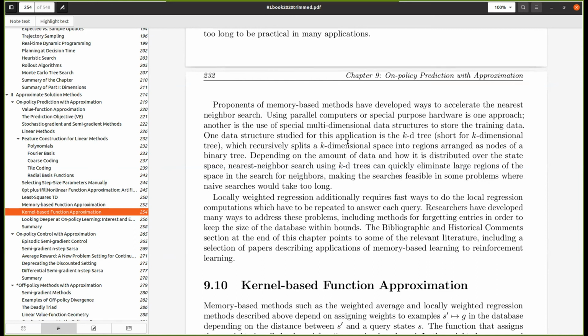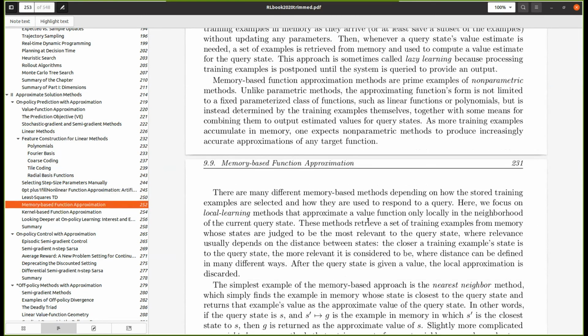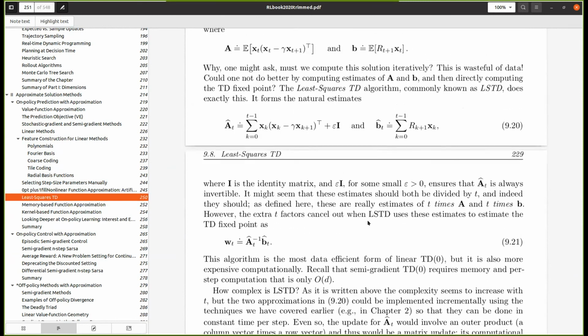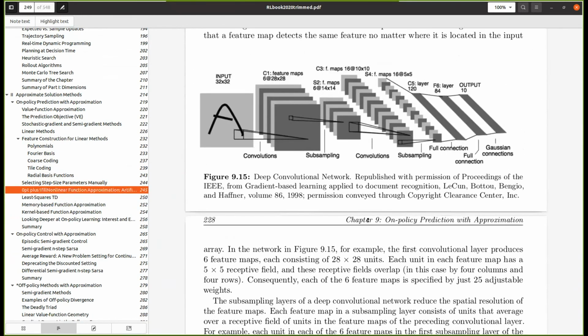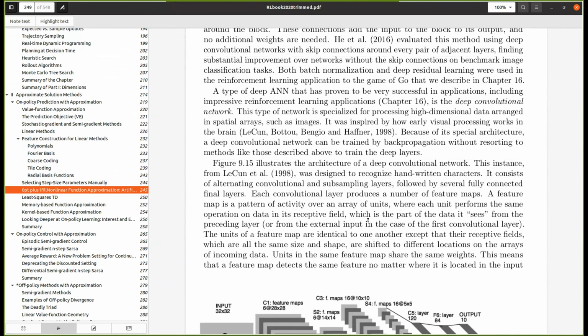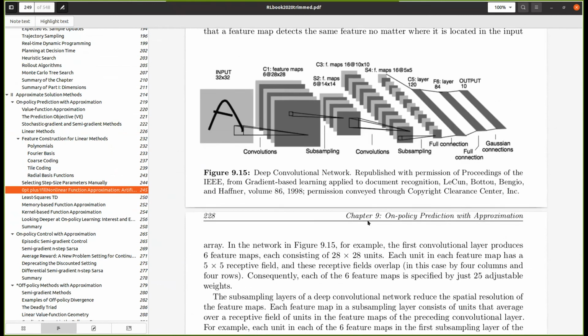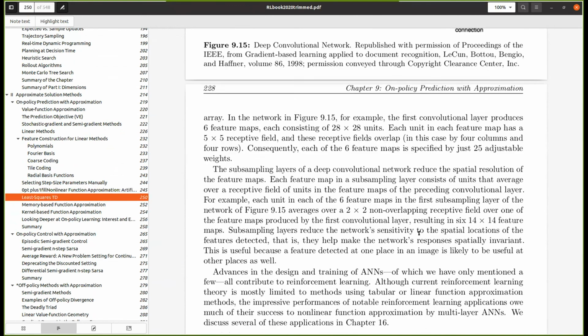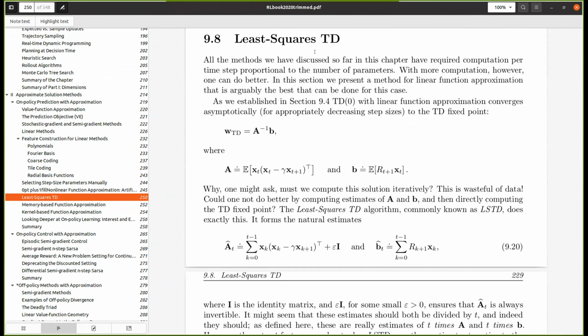There are some jumps in what the authors talk about, because they try to cover a lot in one chapter: function approximation, neural networks, convolutional networks, and then the least squares temporal difference method, which assumes some knowledge of linear algebra.